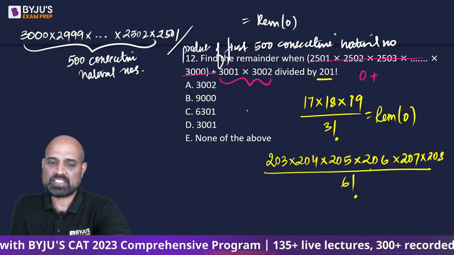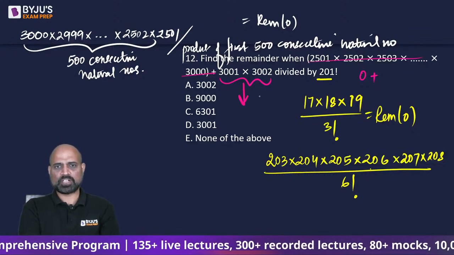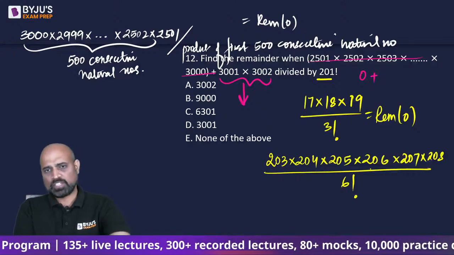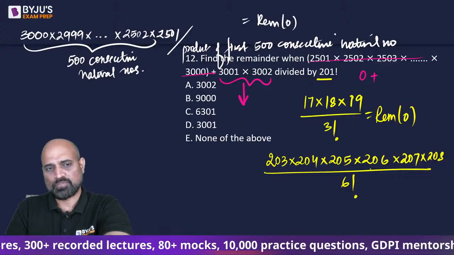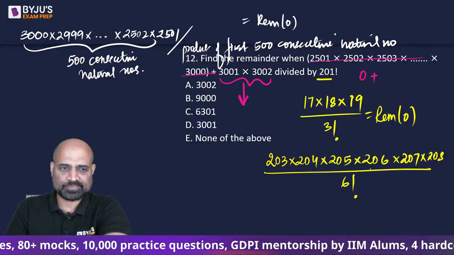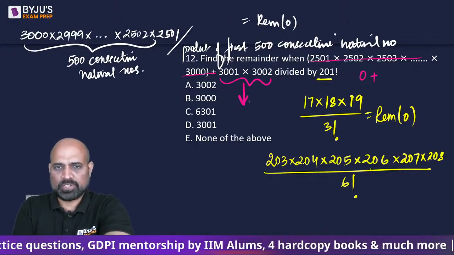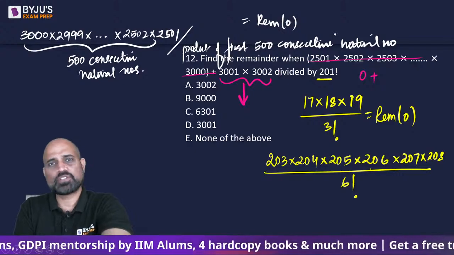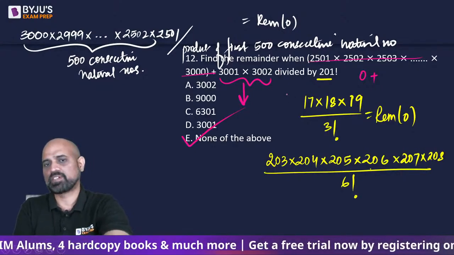So since the divisor is more than the dividend, can we say इन दोनों का product ही तो होगा. 3001 into 3002 का product जो होगा वही remainder होने वाला है, because 201 is a larger number. तो ये तो बहुत बड़ा हो जाएगा नहीं. 3000 into 3000 itself is going to be more than 90,000.